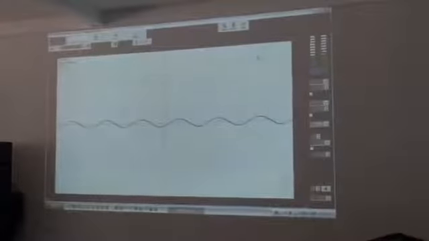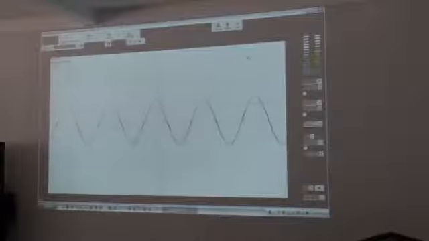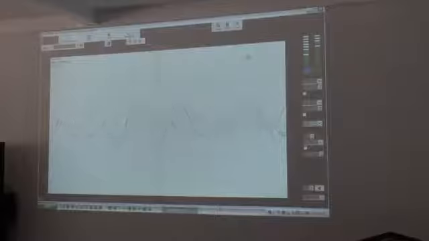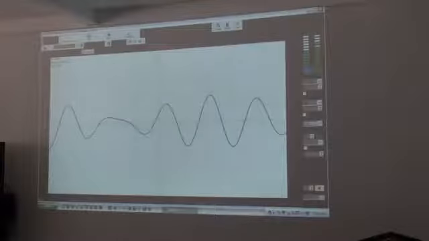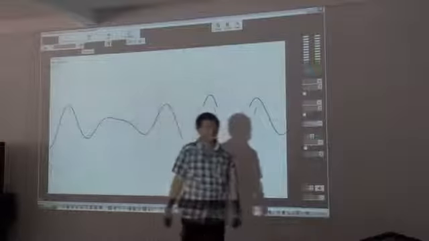Well, the oscilloscope, let me show you. This is with one frequency, and this is with the other frequency. And the two frequencies together are this. So you can see that the oscilloscope shows variations.